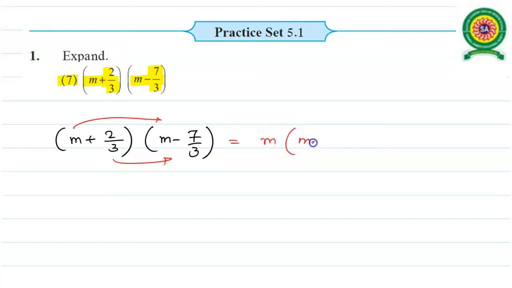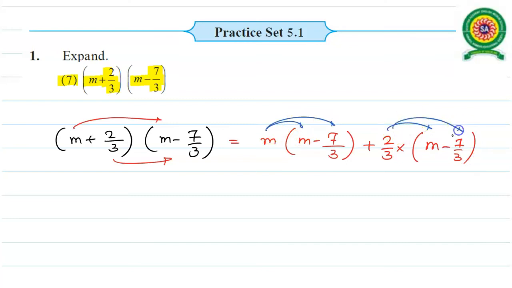getting m into the second bracket, m minus 7 divided by 3, plus 2 by 3 into the second bracket, m minus 7 divided by 3. Now let us try to distribute m over the bracket and 2 by 3 over the bracket, so that we are getting m into m as m square, minus plus becomes a minus, 7 by 3 into m as 7 by 3 times m.